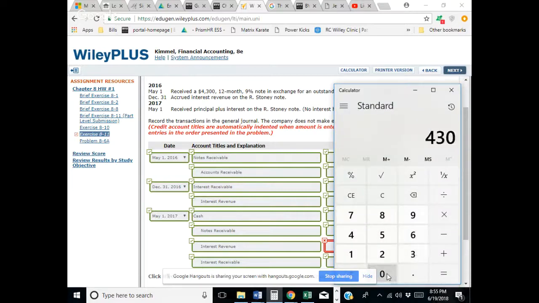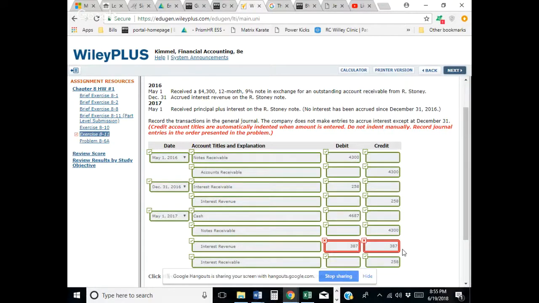Just a reminder, the principal 4,300 times 0.09 for 9% is $387. That's how much interest we earn throughout the entire year. The last account is interest receivable. We credit interest receivable for the amount that was accrued on December 31st, which is $258.